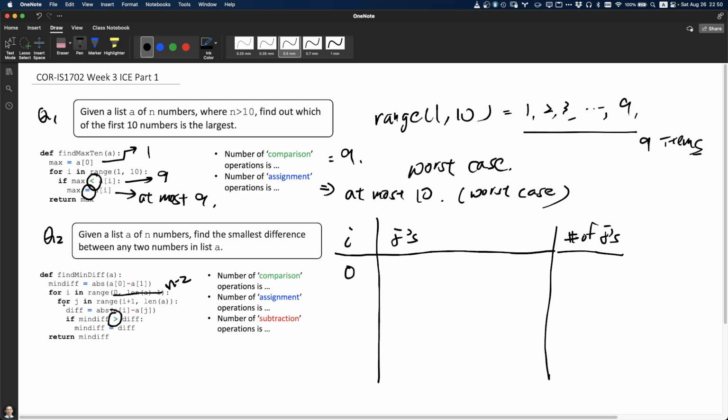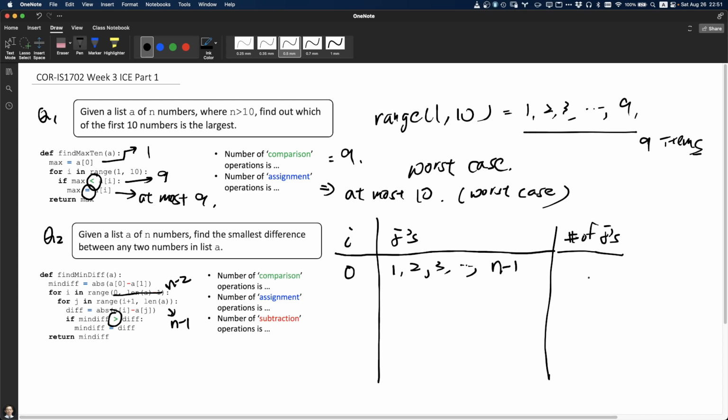So when i equals 0, the range of j starts from i plus 1, which is 1, which means that you go from 1, 2, 3, all the way until the last one, which is the length of A, here n minus 1. So that is the largest j value, n minus 1.